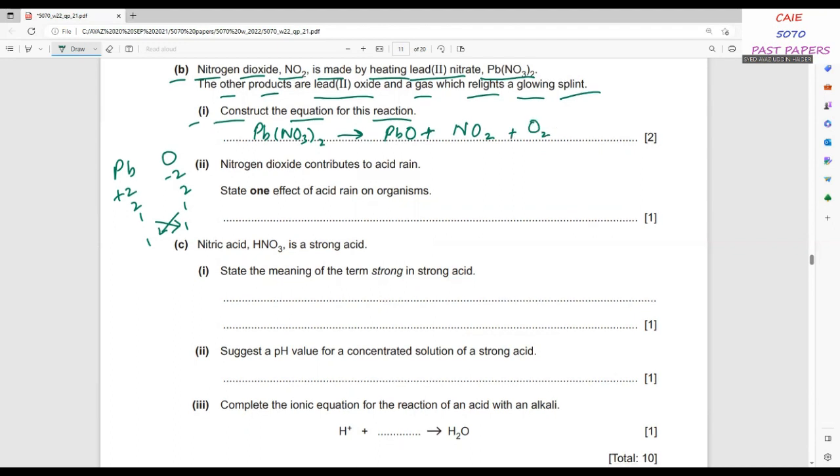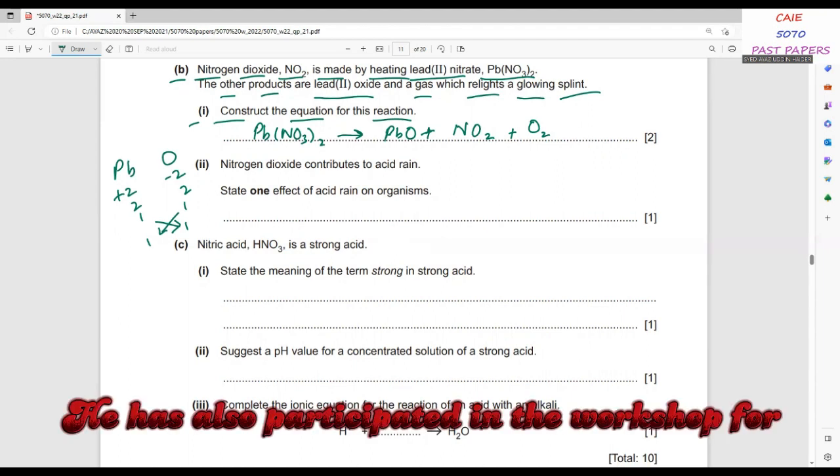Now let's balance this chemical reaction. Let's count the number of atoms on each side of the reaction. Pb is 1 on both sides of the equation, N is 2 on the left hand side, but on the right hand side it's 1. What about oxygen?